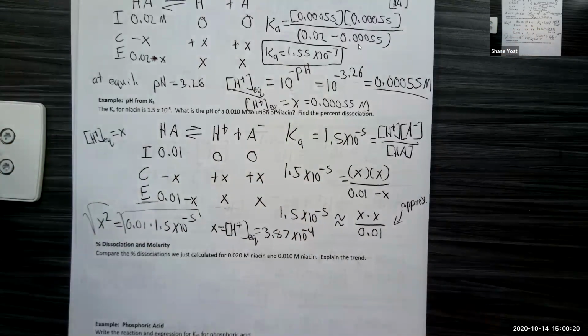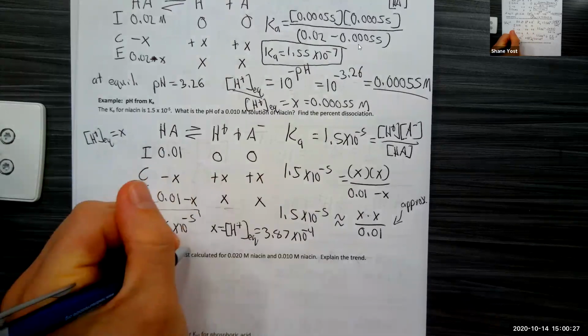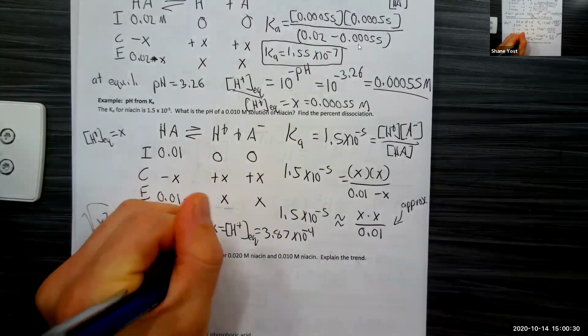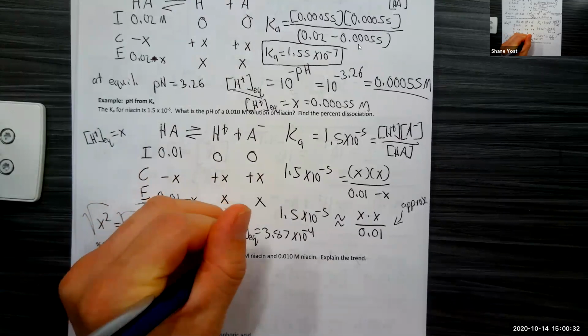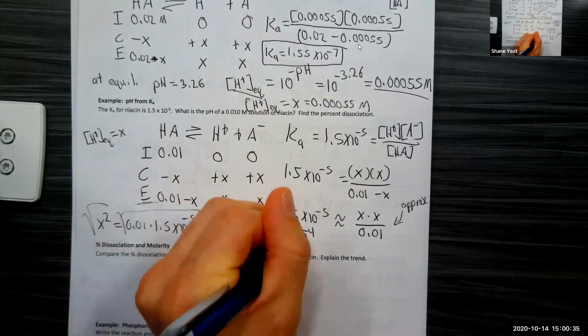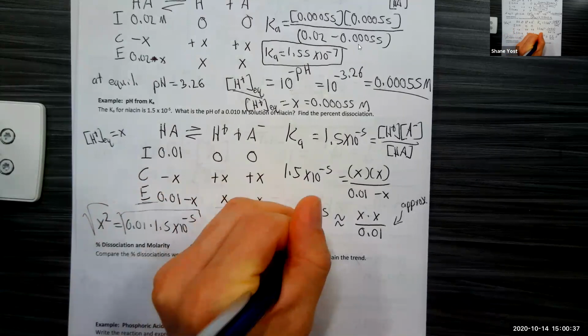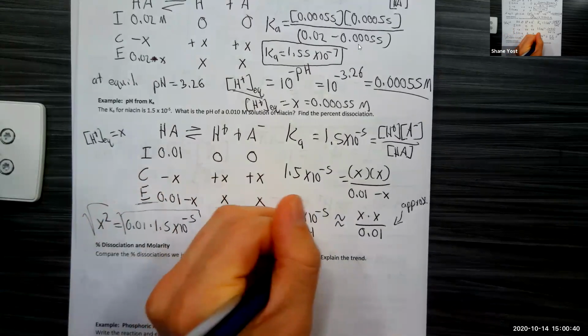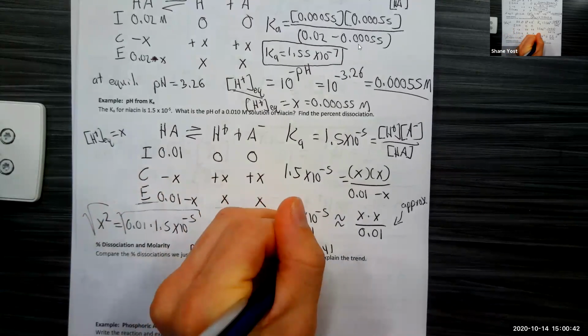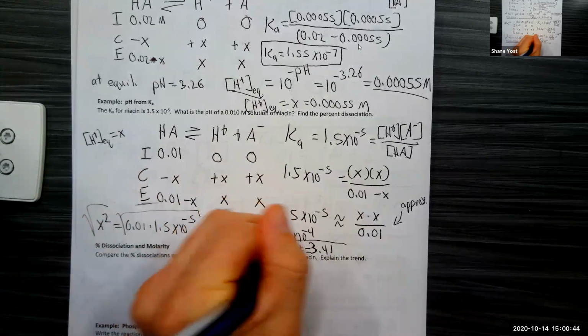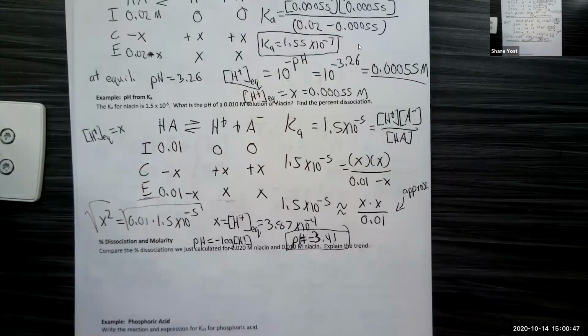And so now I have the concentration of H plus. To get the pH, I take the negative log of that. pH equals negative log of H plus, and so pH is 3.41. Sorry, it's kind of crammed in there, but pH is 3.41, given that the concentration of H plus is 3.87 times 10 to the minus 4.